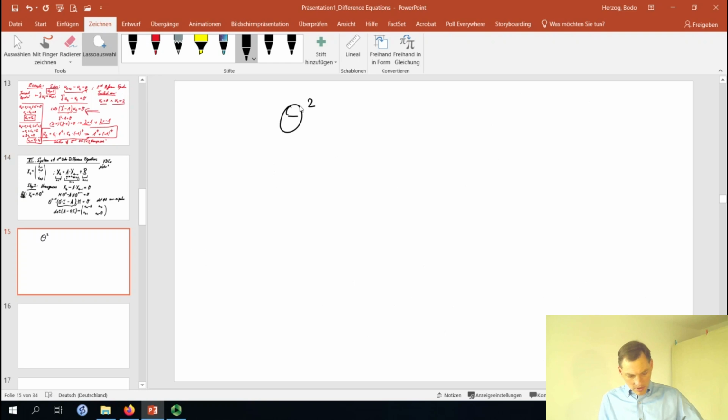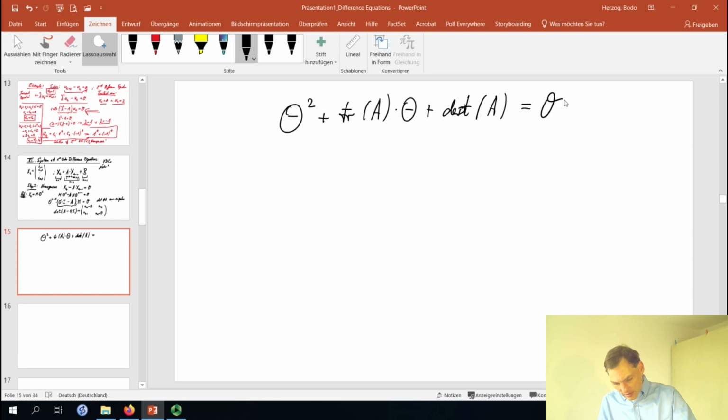If you do the determinant, you will see that it's theta squared minus the trace of A times theta plus the determinant of my matrix A, equal to 0.